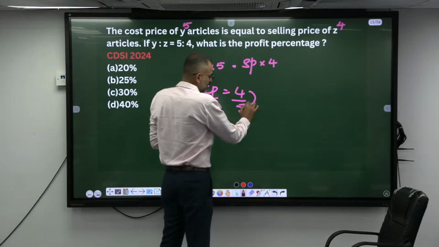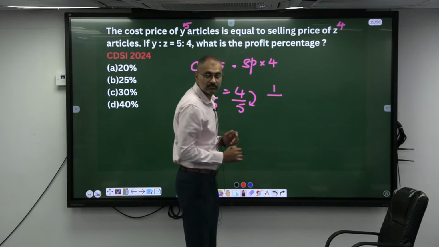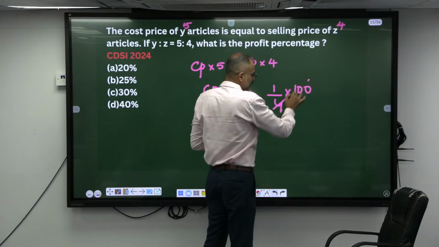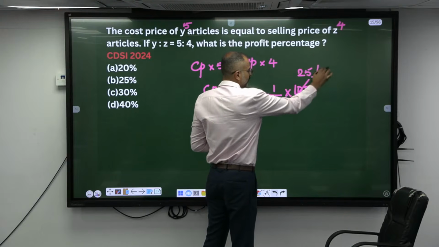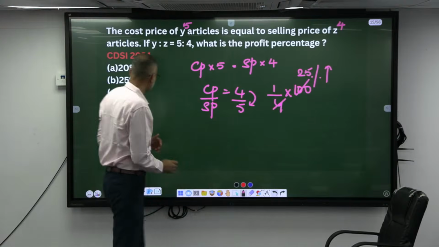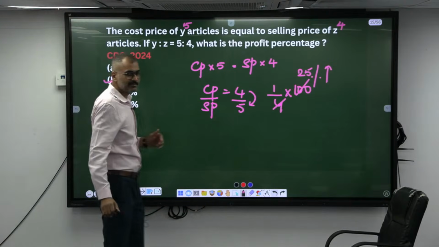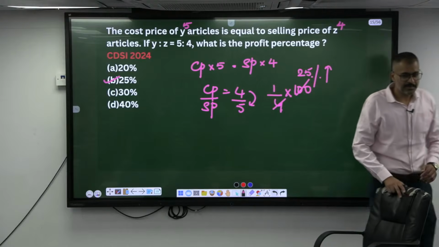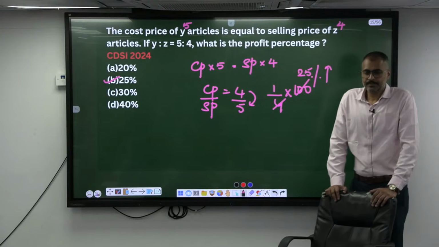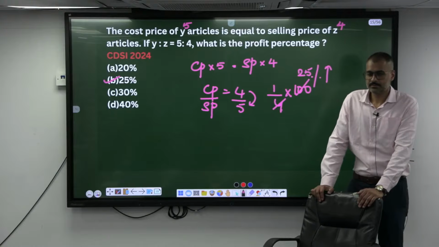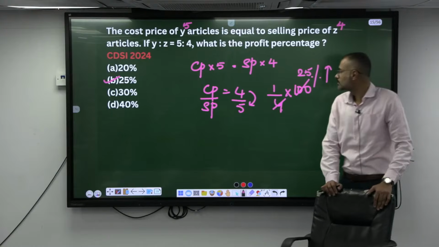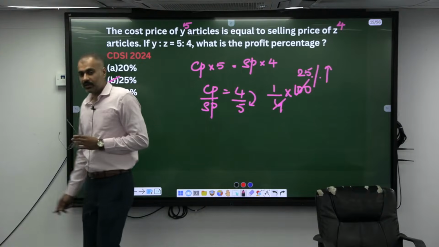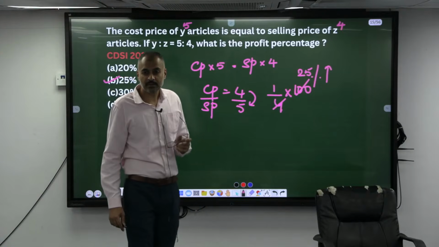What is the profit? 1 has to be compared with what? CP. CP is how much? 4 times of 100. Always compare your profit or loss with cost price, CP.